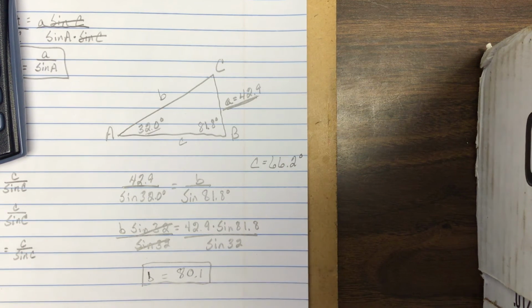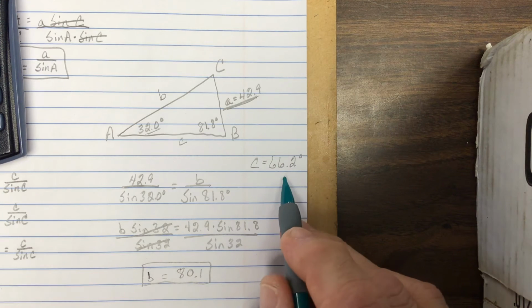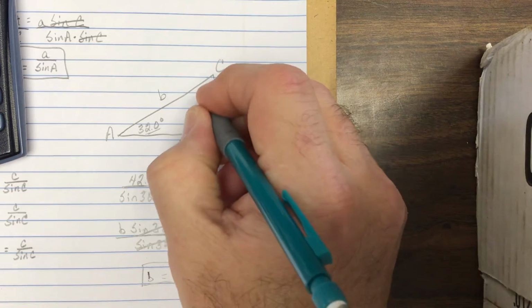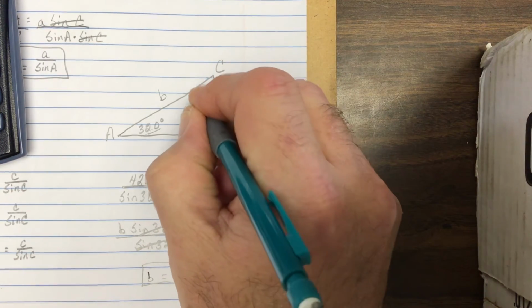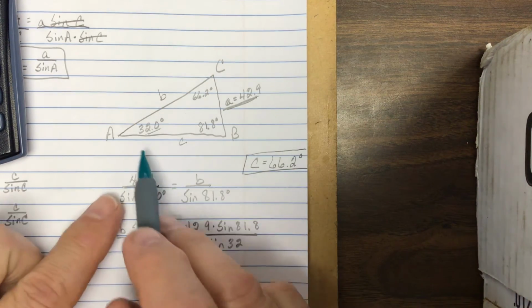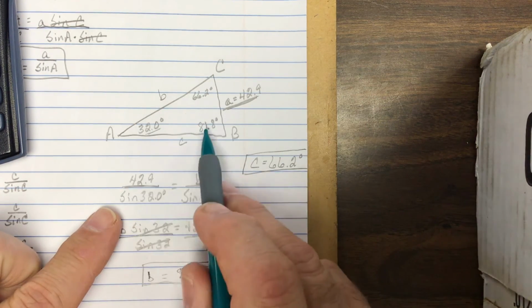In a similar fashion now, we are going to have to use our 66.2 that we calculated. But you're adding and subtracting, so that's not going to be a bad deal. I'm going to go back to using the a because that's what he initially gave us that we know.